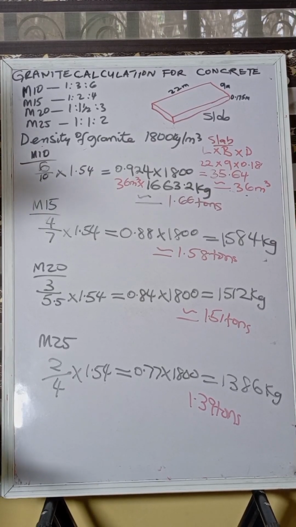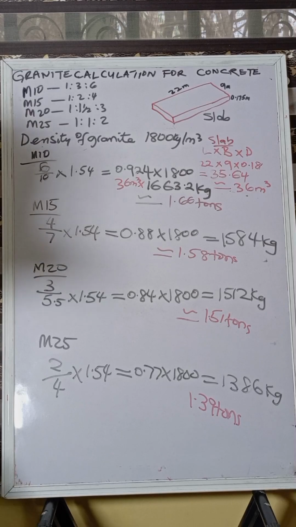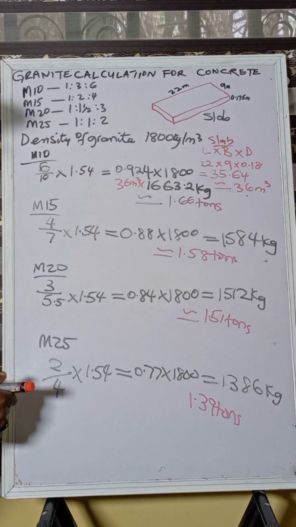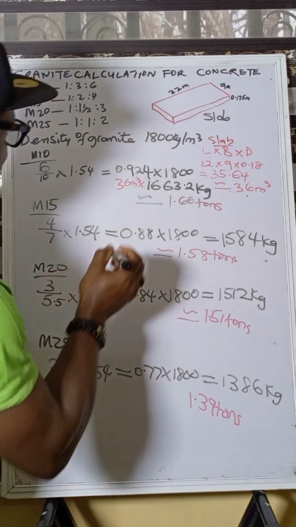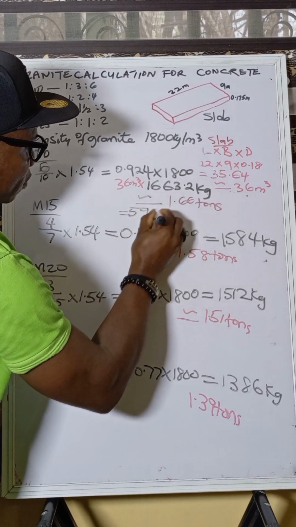That will give us the total quantity of granite required for 36 cubic meters of concrete, and that will give us 60 tons of granite for M10.